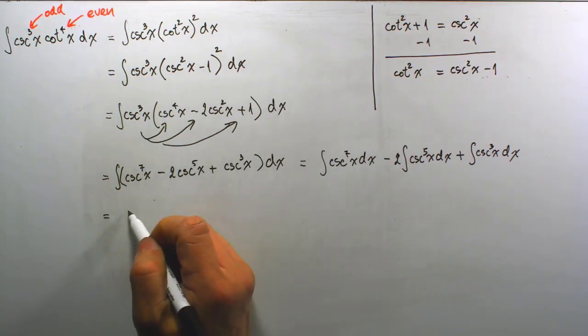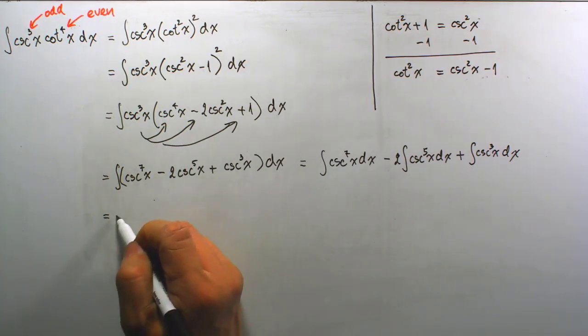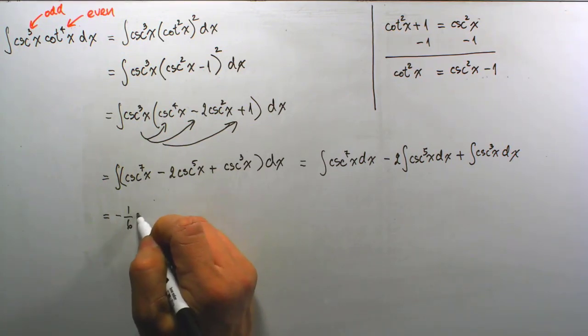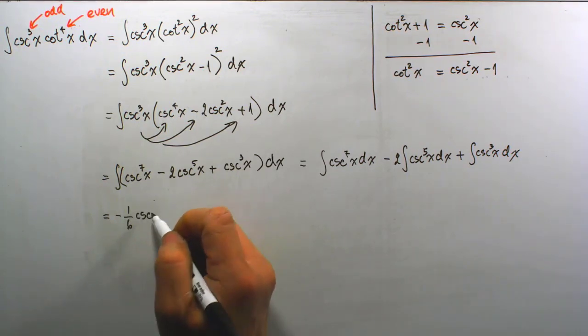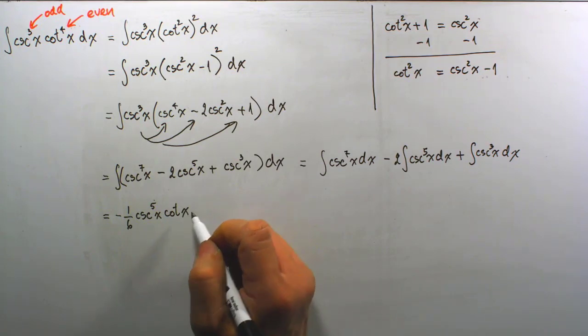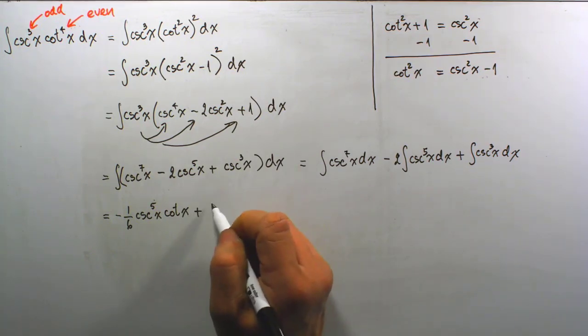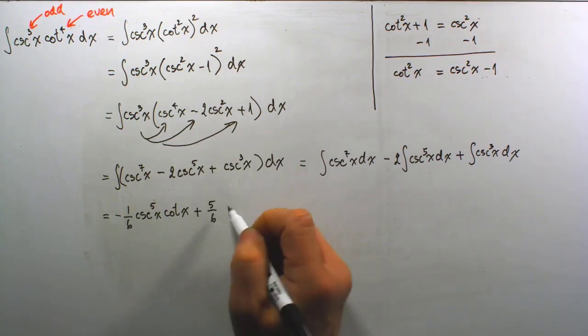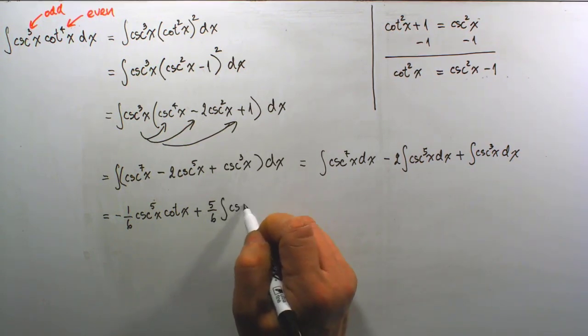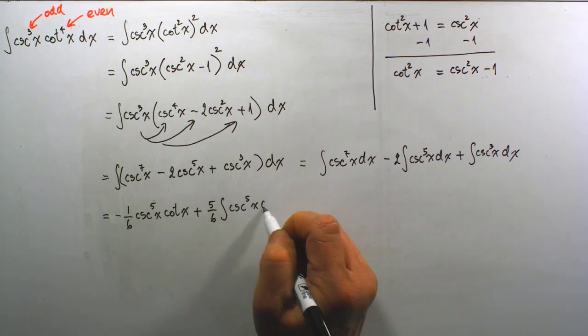So with the reduction formula, we're looking at minus 1/6 times cosecant to the 5th of x times cotangent of x plus, and now I'll have 5/6 times the integral of cosecant to the 5th of x dx.